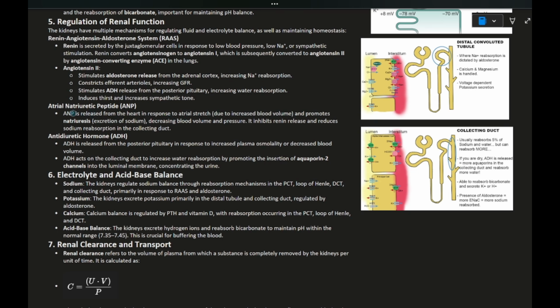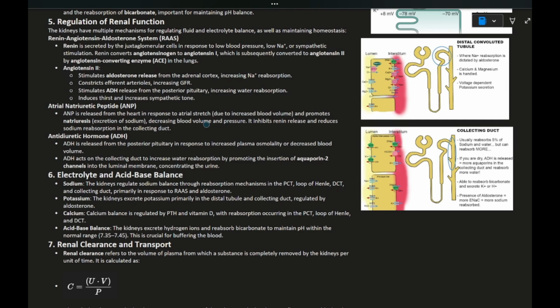And once the atrial natriuretic peptide is released, it promotes natriuresis, which is another way to say the excretion of sodium. When sodium is excreted from the blood system, this will result in decreased blood volume and pressure because water or fluid tends to follow wherever sodium goes, once again due to osmolarity.